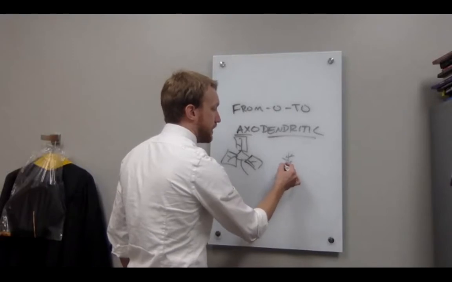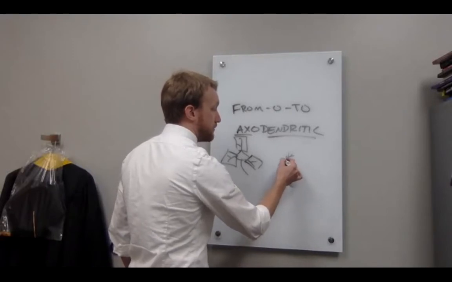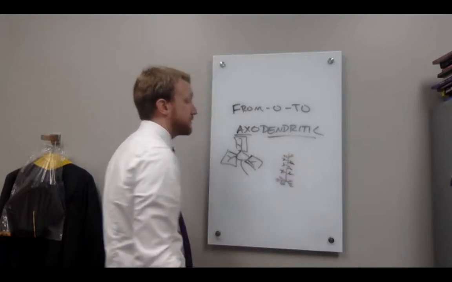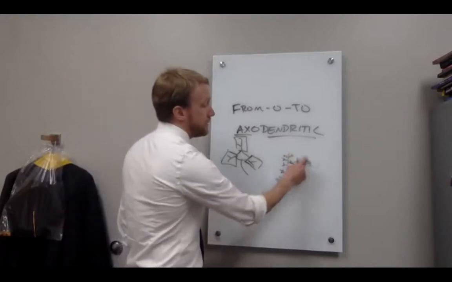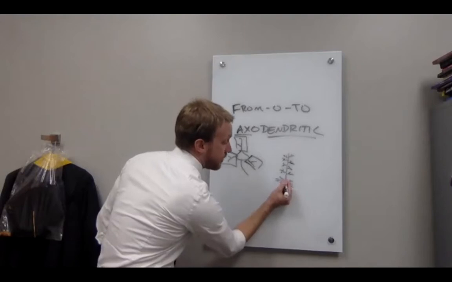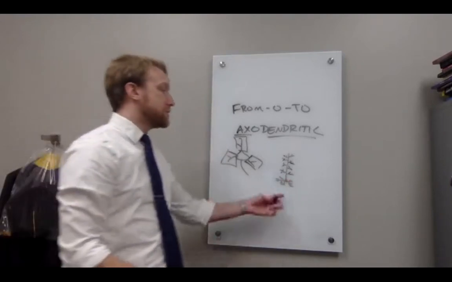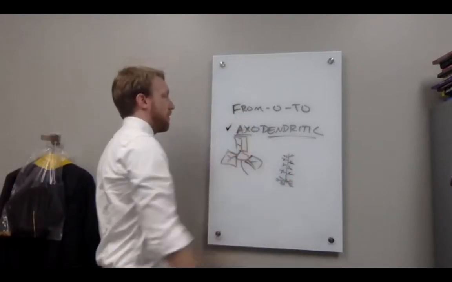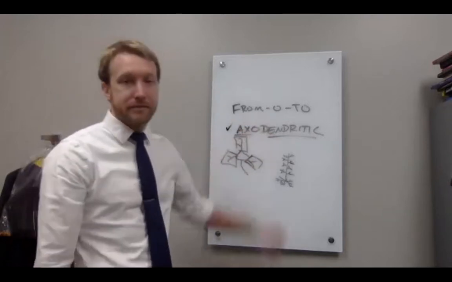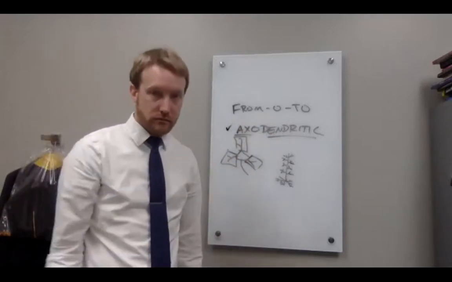All these are going to have very fine branches coming off of them. They'll have spines. Those are going to increase the receptive surface area. But consider the dendrite surface area versus that of the cell body. There's just a whole lot more of it. So this is your bread and butter synapse, from axon to dendrite.